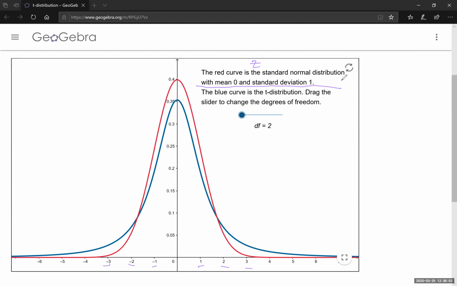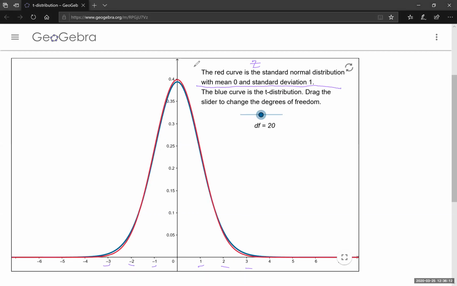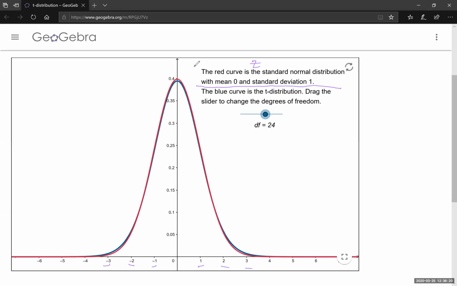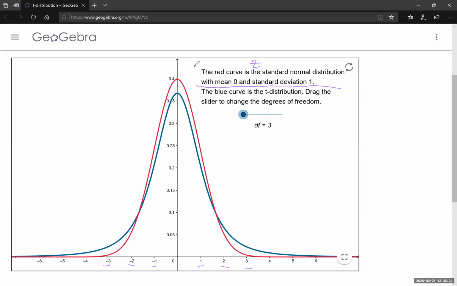And so the reason that is, as the degrees of freedom increases, the picture, the blue line gets very, very close and actually turns into the red line. So when degrees of freedom is very small, we can see how they're quite separate from each other.